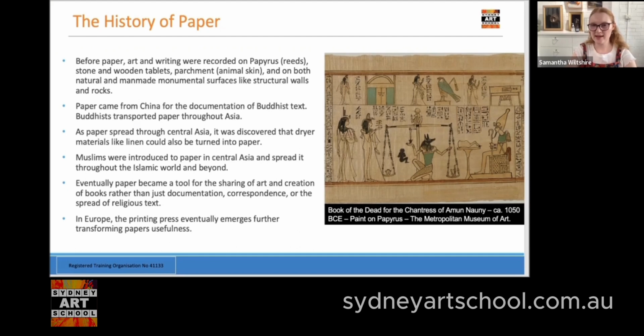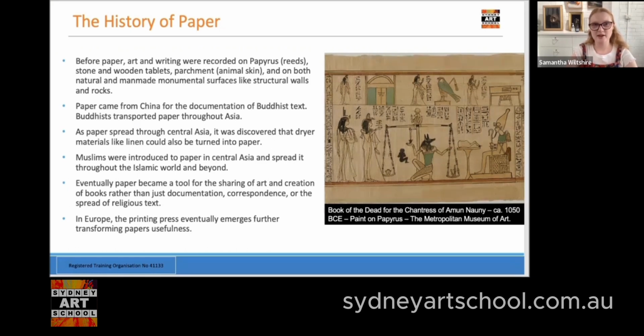So before we delve too deeply into selecting the right paper, let's first understand what paper is and where it came from. Before paper, art and writing were recorded on papyrus. Papyrus is a material which is typically made from reeds, which are grown in Egypt, especially along the River Nile. Along with papyrus, we had some other options too.